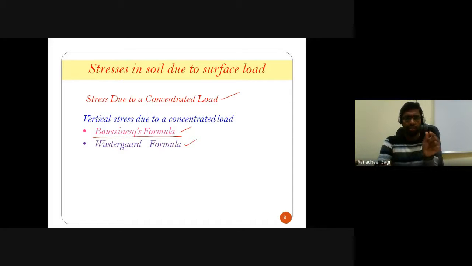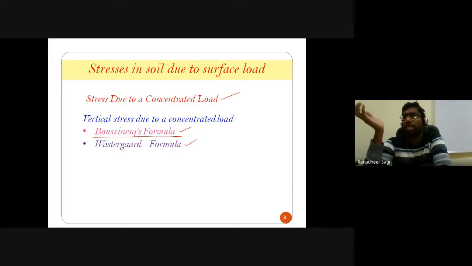Line load in the sense that the width of the rail is relatively very small, so with that width I can consider it a kind of point load which is extended in the length direction of the rail to a maximum distance. Such kind of load is called your line load.